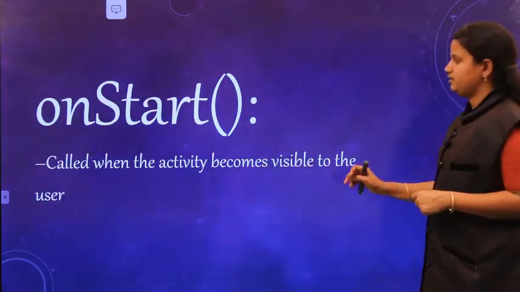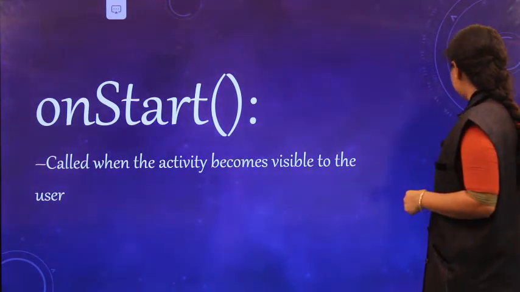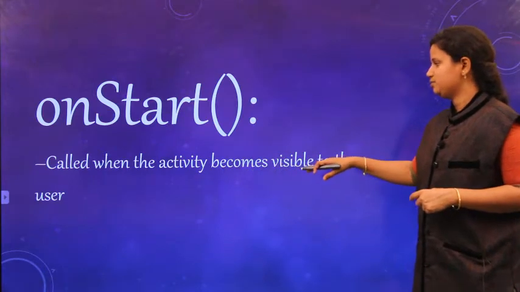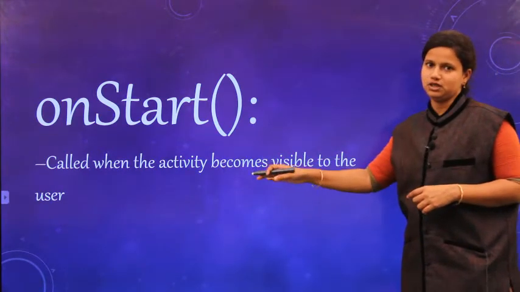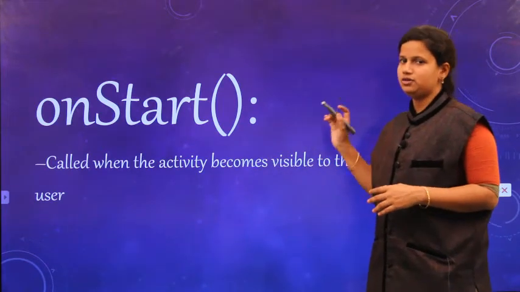The next method is onStart. The onStart method is called when the activity becomes visible to the user. That means your activity is like this. This onStart method is called whenever the activity is visible to the user.